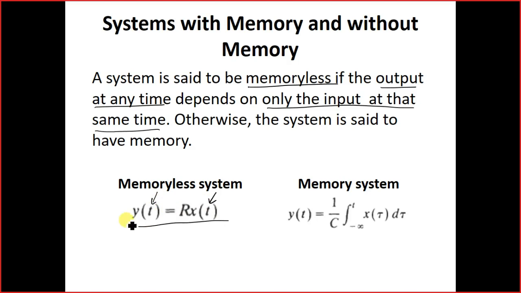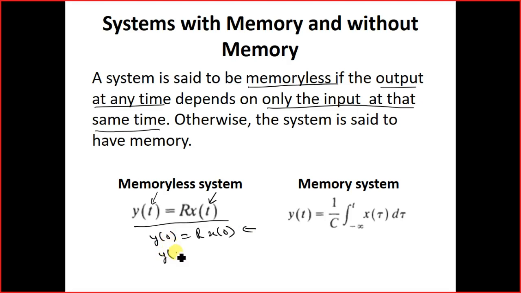If you consider this equation, at y(0) we will have r of x(0). See, at the 0th time instance we are getting the output at the 0th instance only.